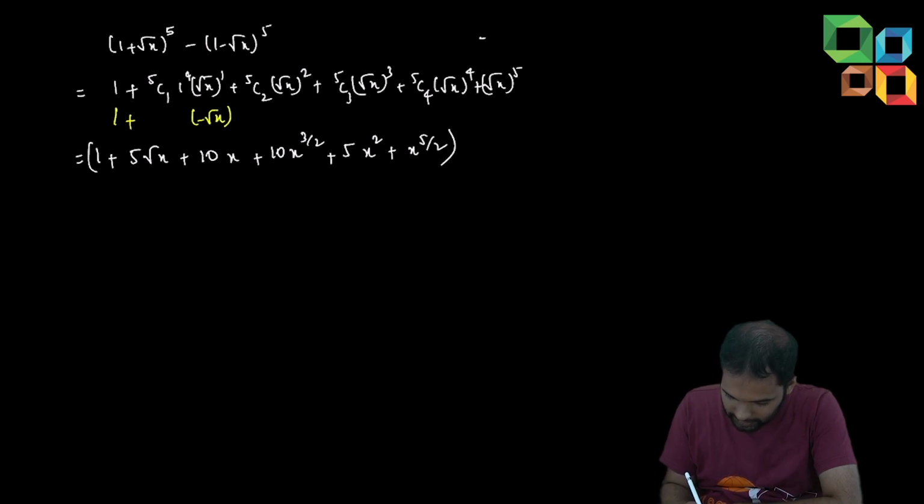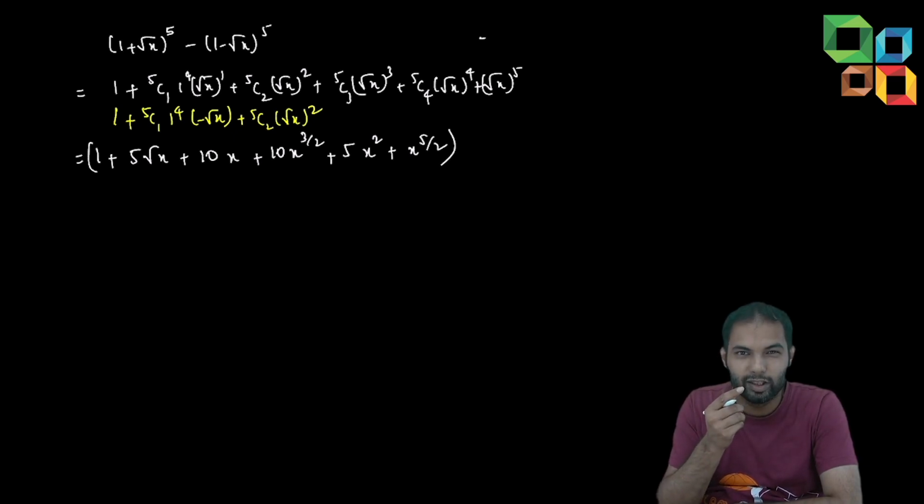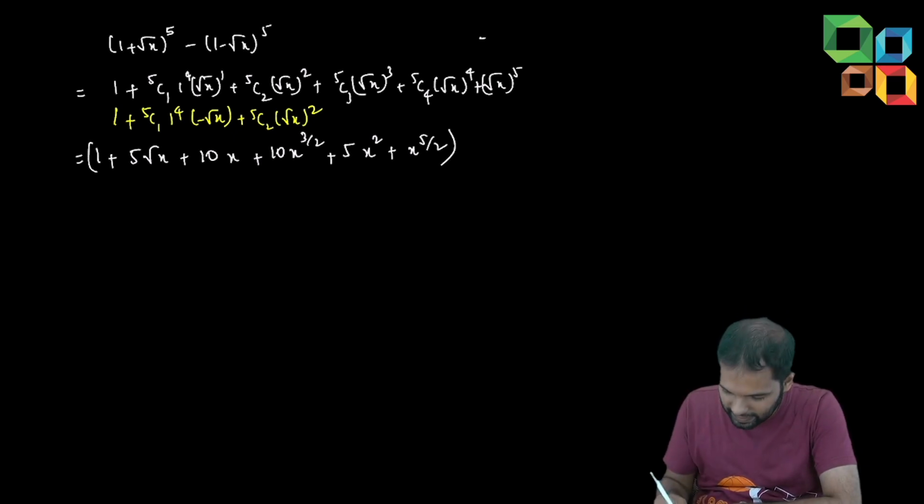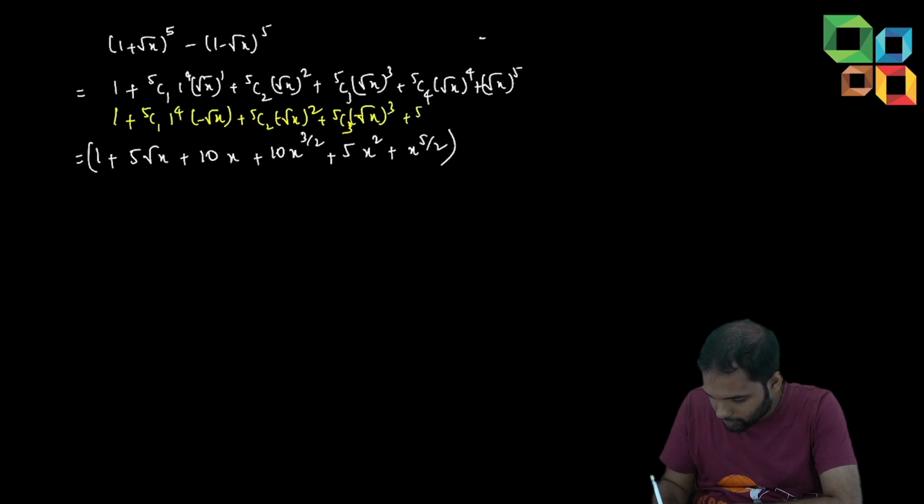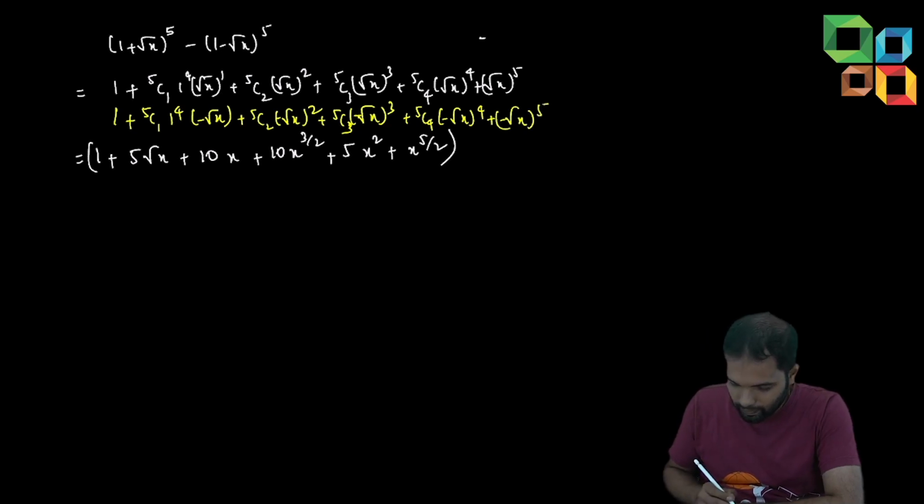Again here it's minus sign, but it really doesn't matter because we are raising it to the even power. So that minus sign really doesn't matter. If you want to keep it as it is, minus root x whole cube plus 5c4 minus root x whole power 4 plus minus root x whole power 5.